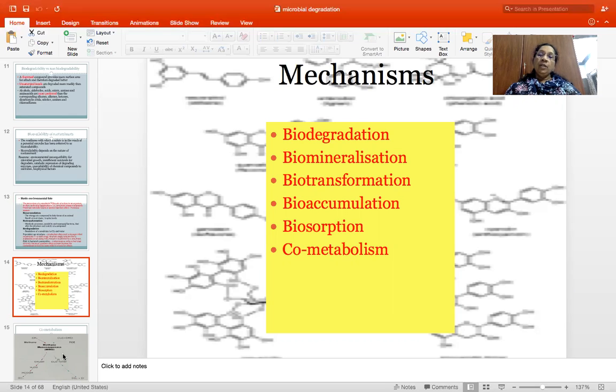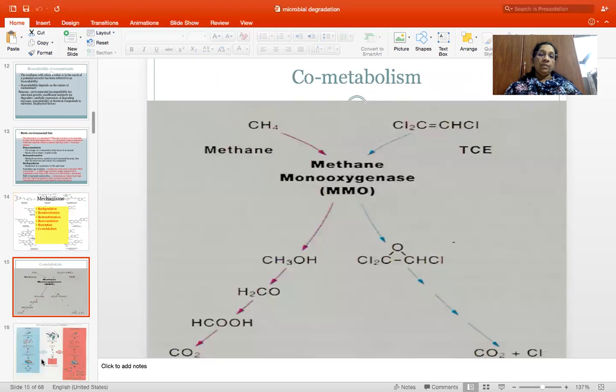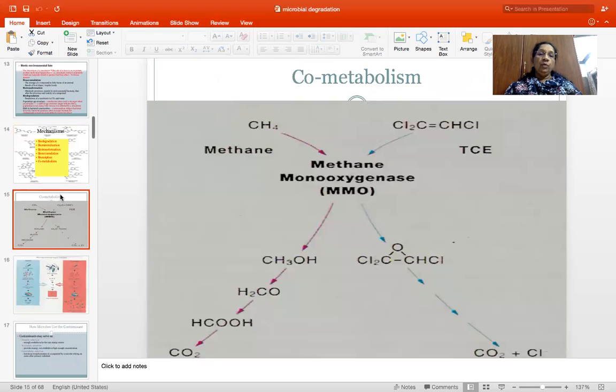Then another important concept is co-metabolism. This I'll show you with the help of this diagram. In other biodegradation, usually what happens is the compound that is being biodegraded is utilized as a source of carbon and energy by the microorganism. But in the case of co-metabolism, the compound that is biodegraded is not used as a source of carbon and energy by the microorganism. So this happens coincidentally.